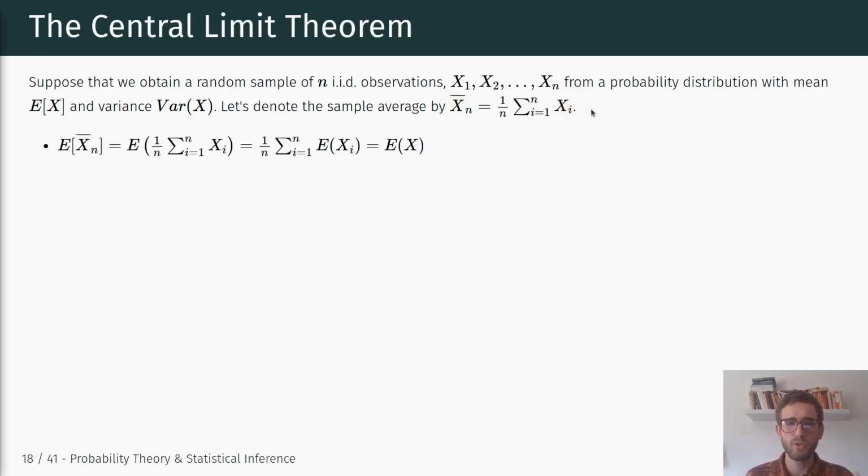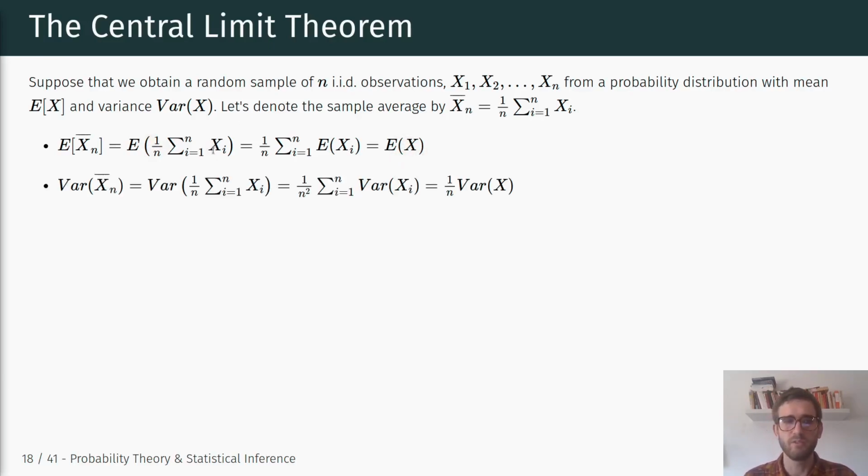Now we can compute the expectation of that x n bar by just plugging in the formula for the sample average, and then simplifying this, pulling out the constant, pulling out the sum, and then we get the expectation of x.